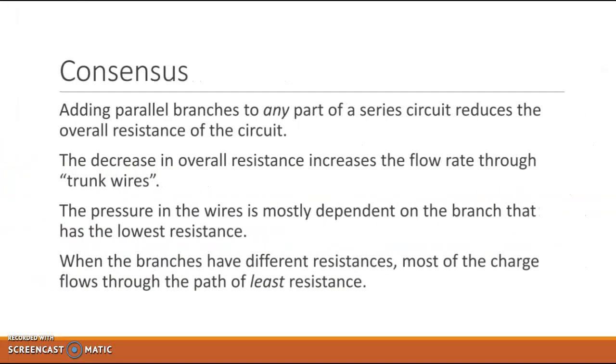Okay, moving on to our consensus. What we saw through both that color coding activity and the observations that we made is that adding parallel branches to any part of a series circuit reduces the overall resistance of the circuit. Each bulb, each resistor in the circuit has a resistance, but they also all together have a combined overall resistance for the circuit, sometimes called the equivalent resistance.